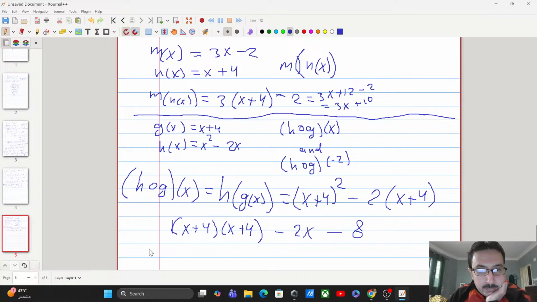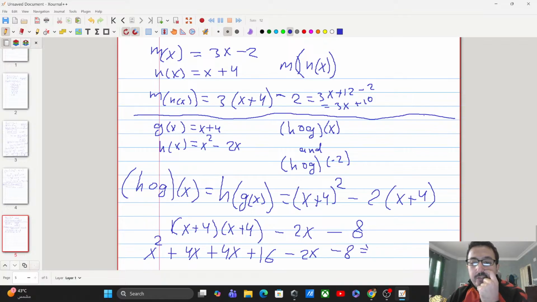x and x, that's x squared, x and 4, that's plus 4x, and 4 and x, that's plus 4x, and 4 and 4, that's plus 16, minus 2x minus 8, which gives x squared plus 8x minus 2x, that's plus 6x, plus 16.